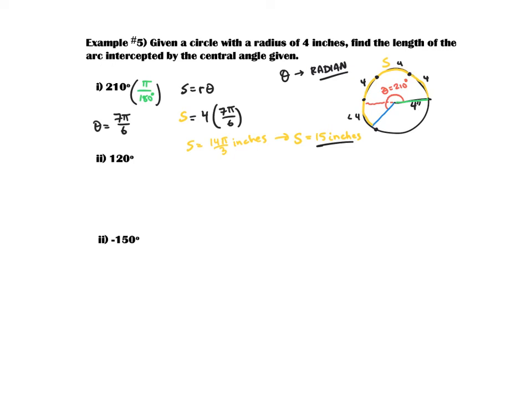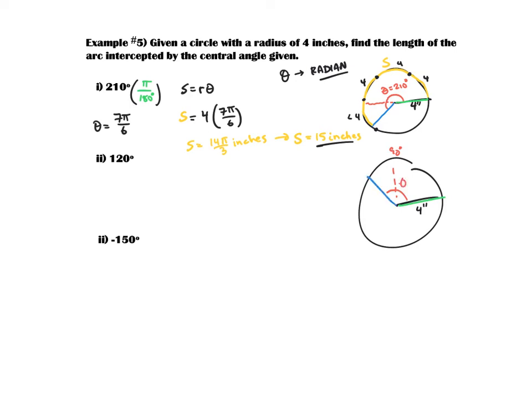Okay, so let's do 120. Again, circle, same radius, 4 inches. This is my initial side of my angle. I'm going to rotate 120 degrees, which is just past 90. So this will be 90 degrees. I'm going to go 120.